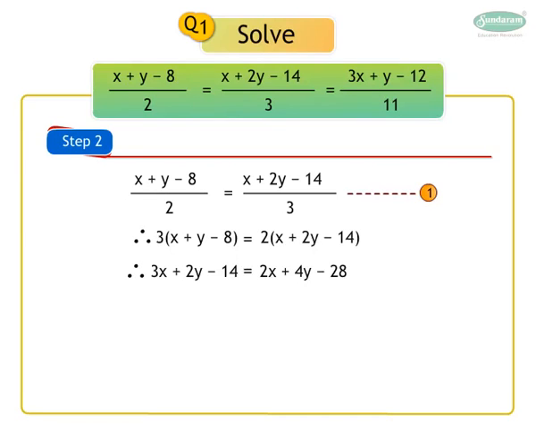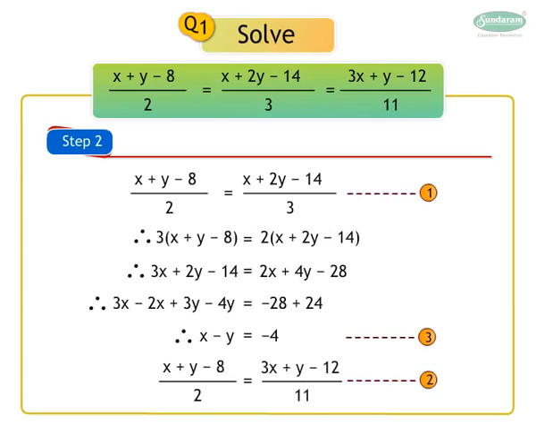Therefore, 3x plus 3y minus 24 is equal to 2x plus 4y minus 28. Therefore, 3x minus 2x plus 3y minus 4y is equal to minus 28 plus 24. Therefore, x minus y is equal to minus 4. This is equation 3.